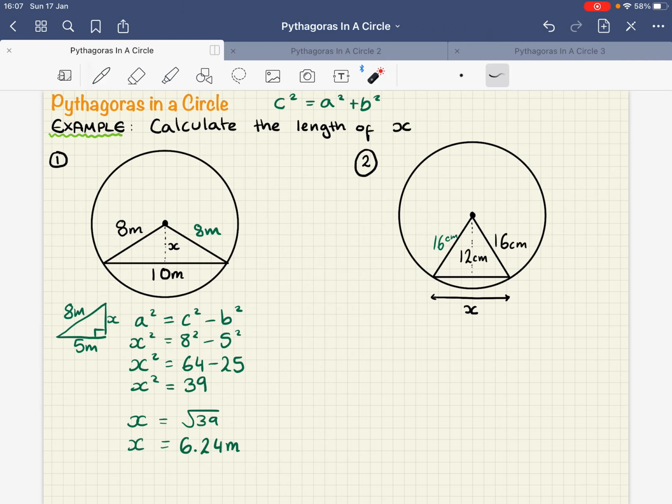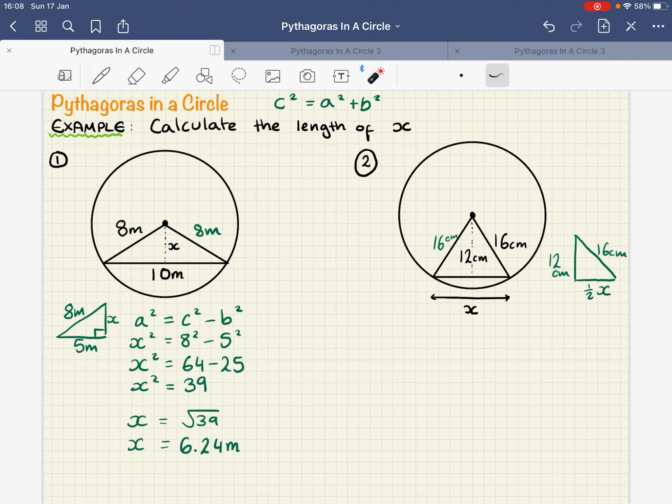So again, I want to find out my right angle, and I can draw one quite happily down here, like so. So I'm just going to quickly sketch it out. So I've got that 12 centimeters, the 16 centimeters, and on the bottom, it's going to be half of my value of x. And I must make sure I remember that it is half.